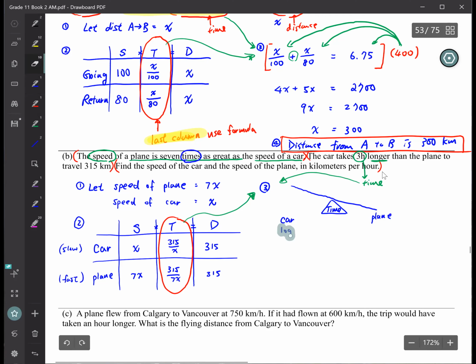Up means more, okay? So it's not like the weight, so heavier will go down, right? But we're not talking about the weight here. I'm just using this picture to show you higher is more, right? Lower is less. So over here, this is less time, lesser time, okay? Shorter time.